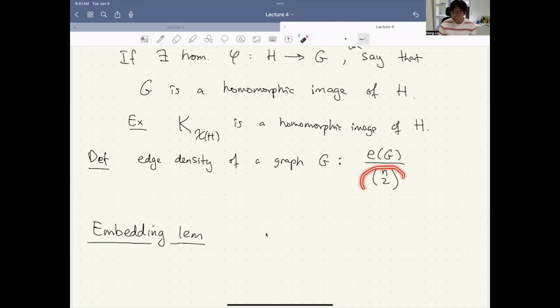Why do we normalize by n choose 2? Because n choose 2 is the total possible number of edges in an n vertex graph.